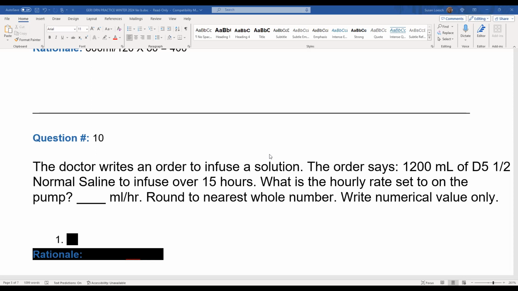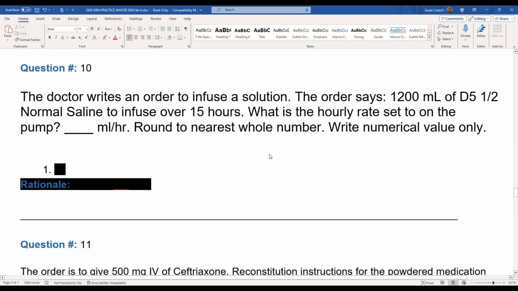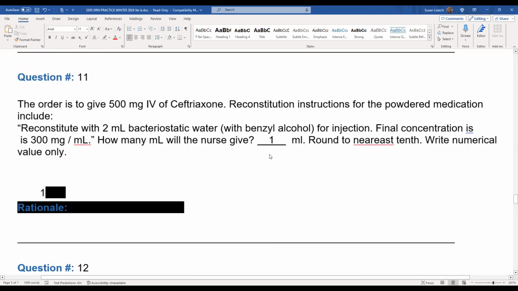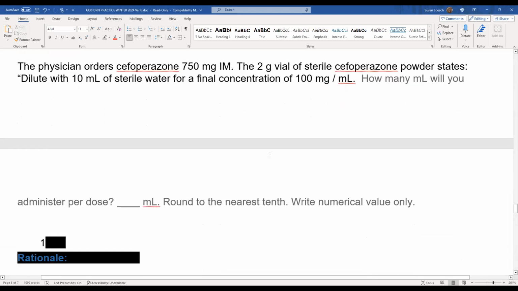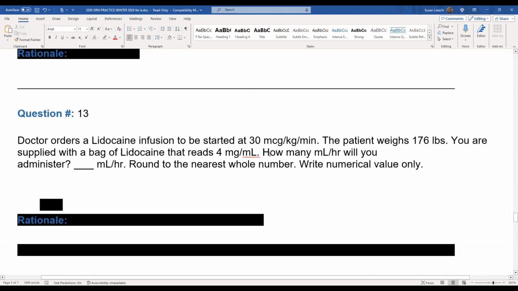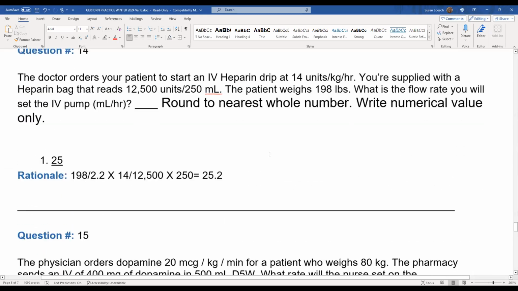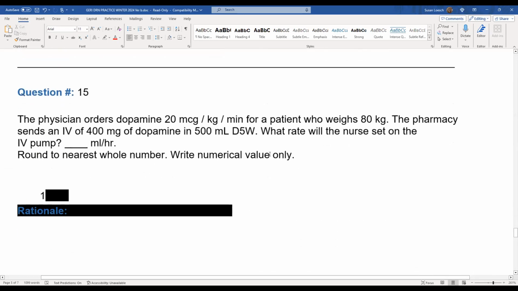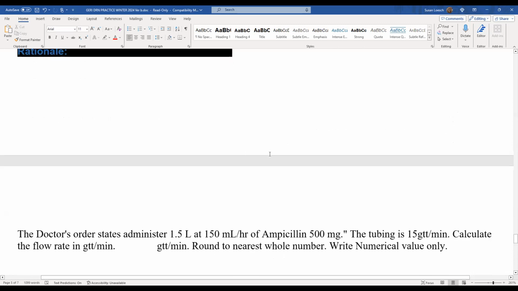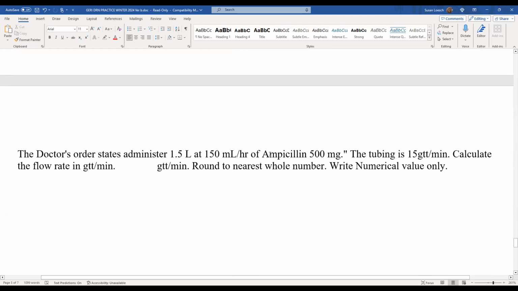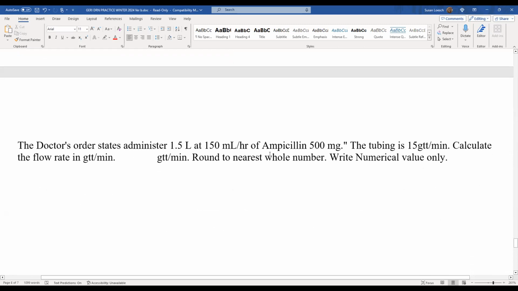Even on these, look at this one here. This is the drip factor, right? On these, I even tell you to round it to the nearest whole number, which I shouldn't do, because that's sort of cheating.